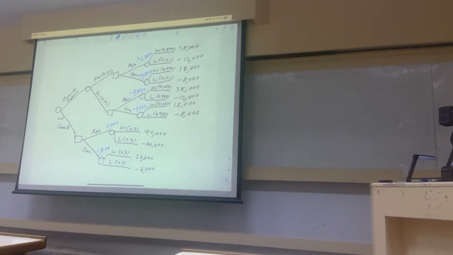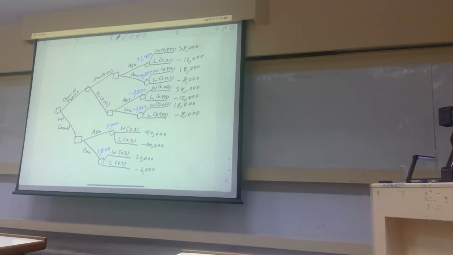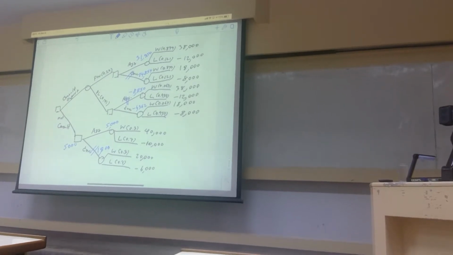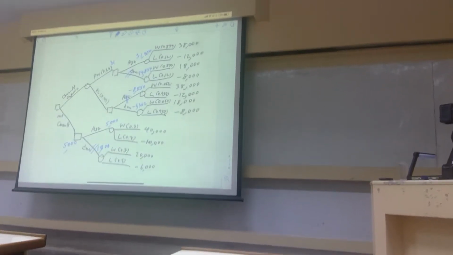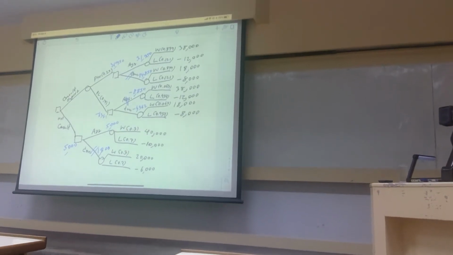So in this case, we're gonna select the alternative with the highest EMV. So we cut off this one, this one, this one. So we have 5,000 here. And we calculate for the very first outcome node.